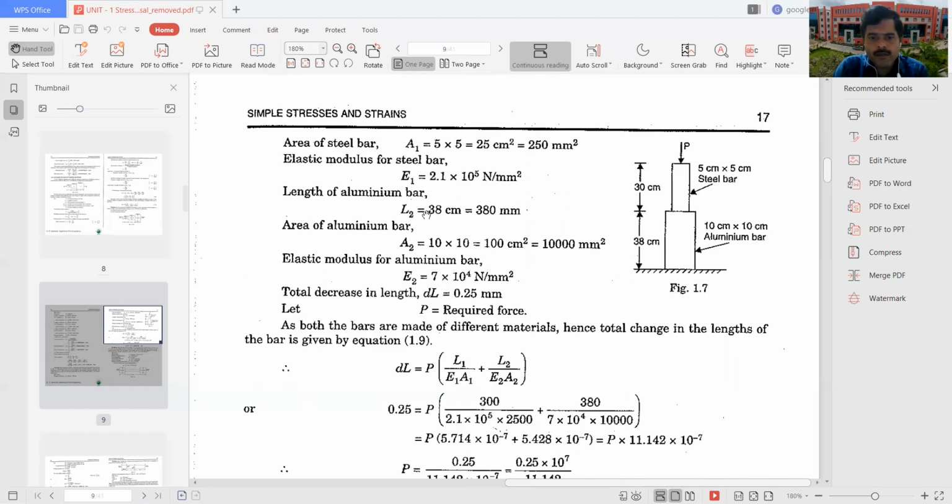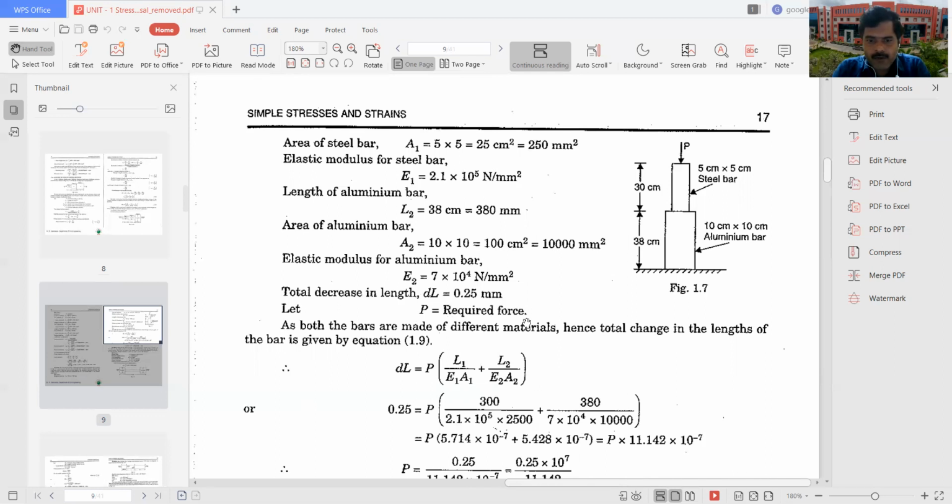For the aluminum bar, the side is 10 centimeter, so 1 centimeter equals 10 mm, therefore 10 centimeter is 100 mm. So 100 into 100 mm, so 10,000 mm square. And the elastic modulus of the aluminum bar E2 is given as 7 into 10 power 4 Newton per mm square, and the total decrease in length delta L is given as 0.25 mm.